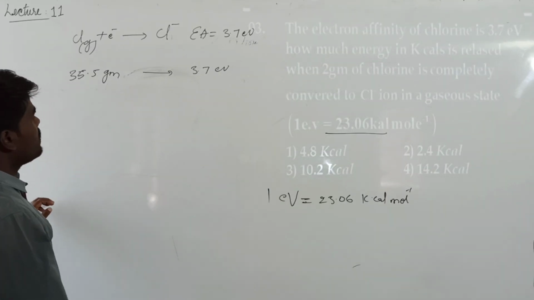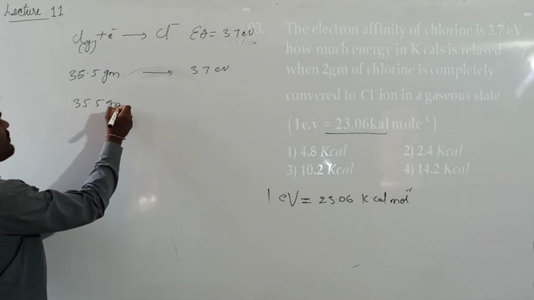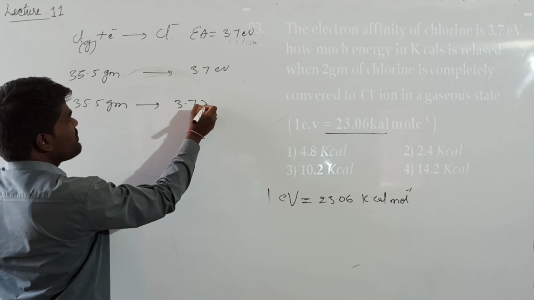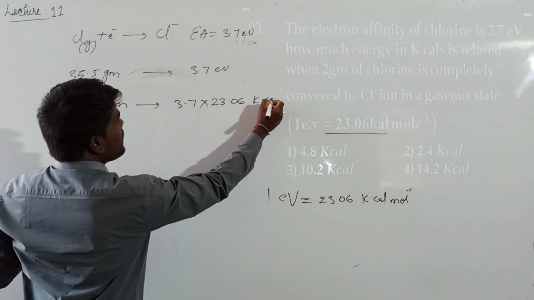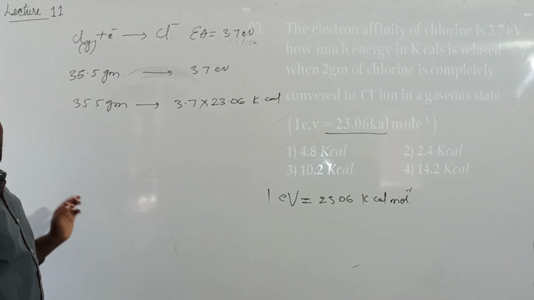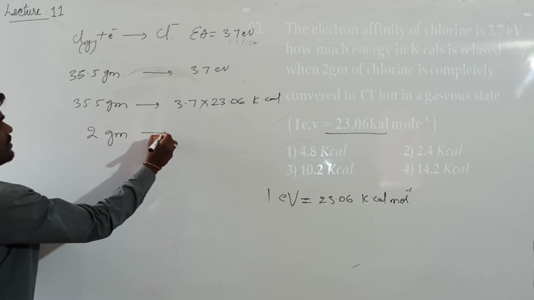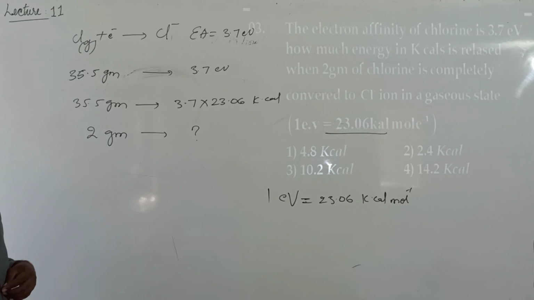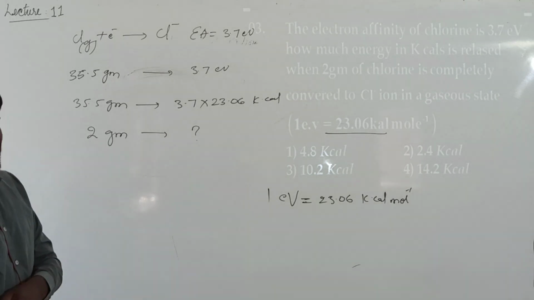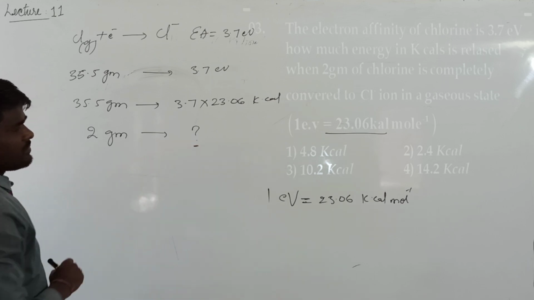So that means 35.5 grams of chlorine needs 3.7 into 23.06 kilocalories per mole amount of energy. And how much is needed by 2 grams?